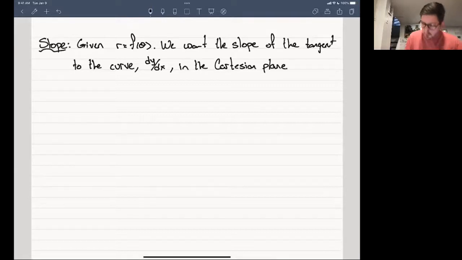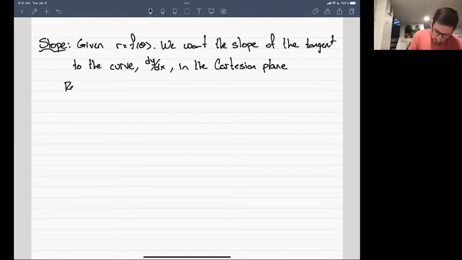So the quick thing that people might do is they might just say, well, it's just f prime of theta. Well, no, right? Because this is the movement in r and theta. R is away from the axis. Theta is sort of angular. This is different than movement in the xy coordinate frame, and so therefore it has a different meaning. So we have to be very, very careful here.